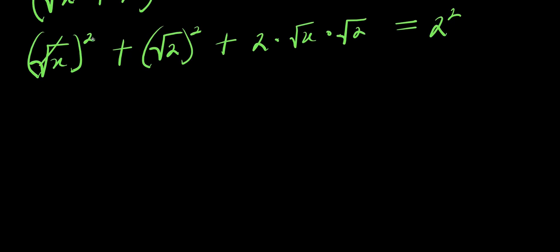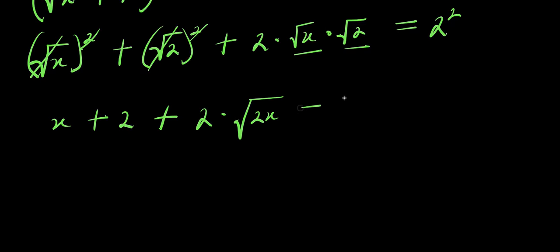From here, this cancels this, I have x plus, this cancels this, I have 2 plus square root of x times square root of 2, that is square root of 2x.